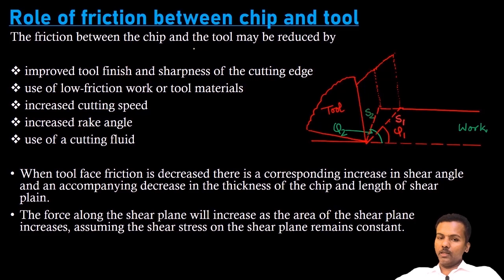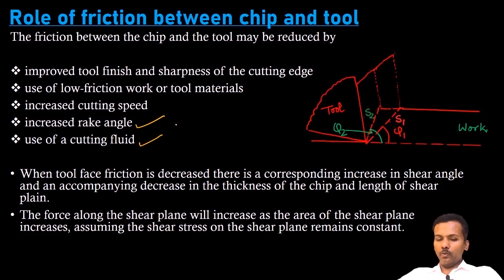The friction between the chip and tool can be reduced, the first one is the cutting fluid. When there is the cutting fluid, there will always be a reduction in the friction between the two mating surfaces. So this is the first point, cutting fluid. Increasing the rake angle, that is the very important point here. Increased rake angle will reduce the friction, and that is the one reason that I have mentioned.